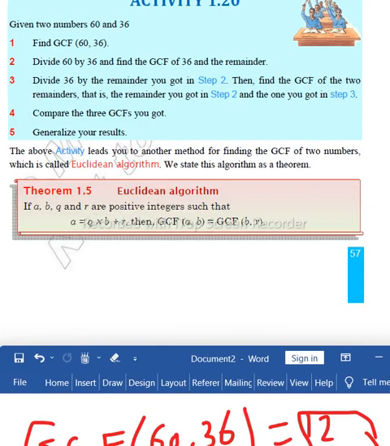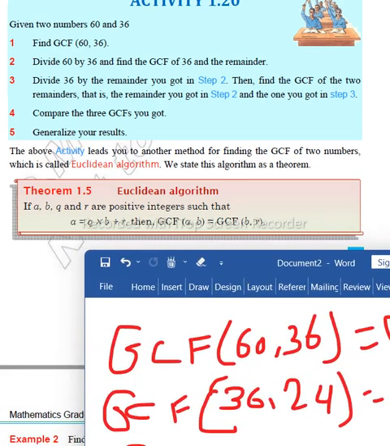If a, b, q, and r are positive integers such that a is equal to q times b plus r, then the greatest common factor of a and b is equal to the greatest common factor of b and the remainder r. As we saw with 60 and 36, the remainder is 24, and the greatest common factor of these is 12.